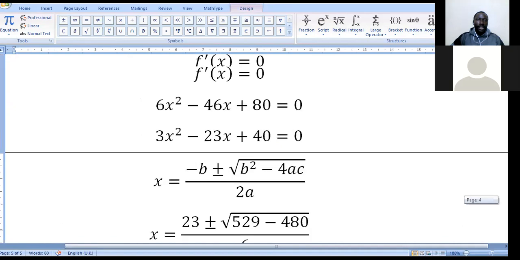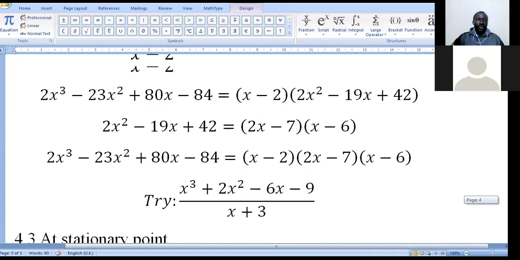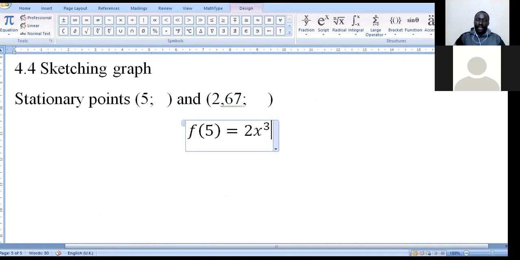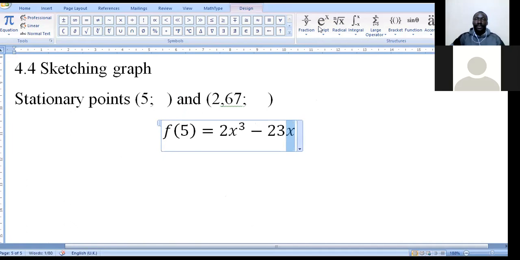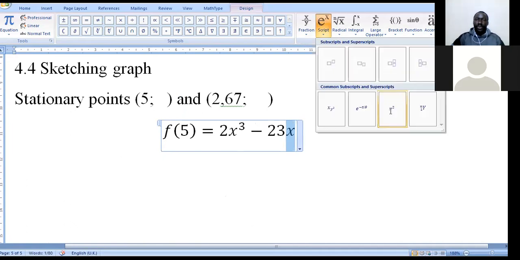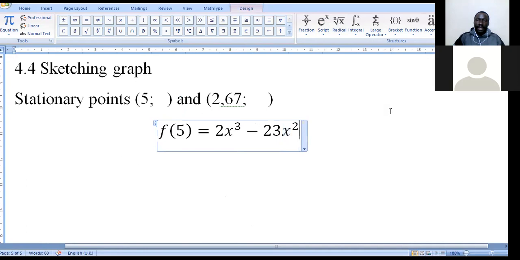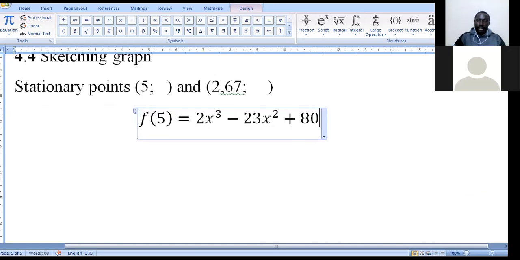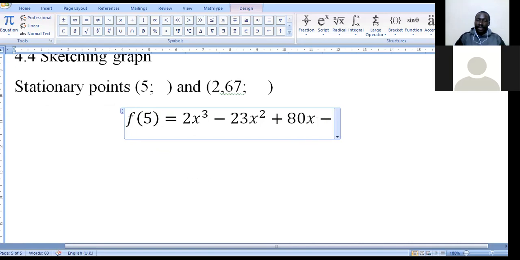The next is minus 23x squared. Okay, then after that, what do we have? We have 80x, and finally we have 84.